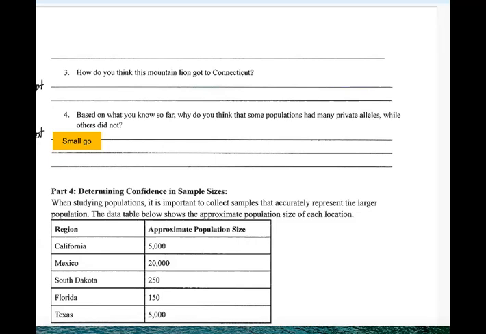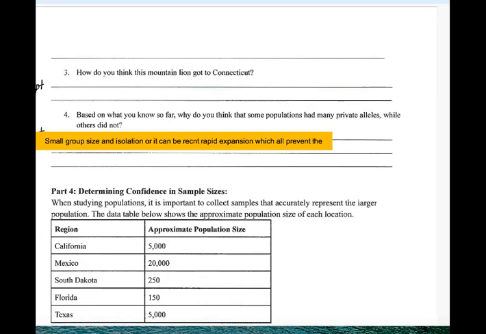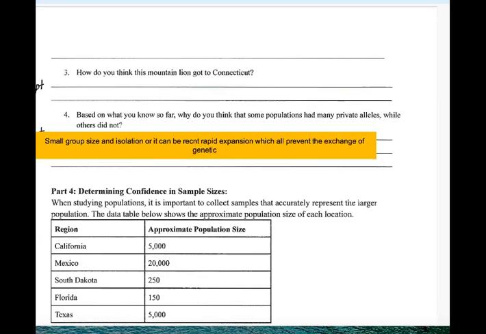So small group size and isolation, or it can be recent rapid expansion, which all prevent the exchange of genetic material.